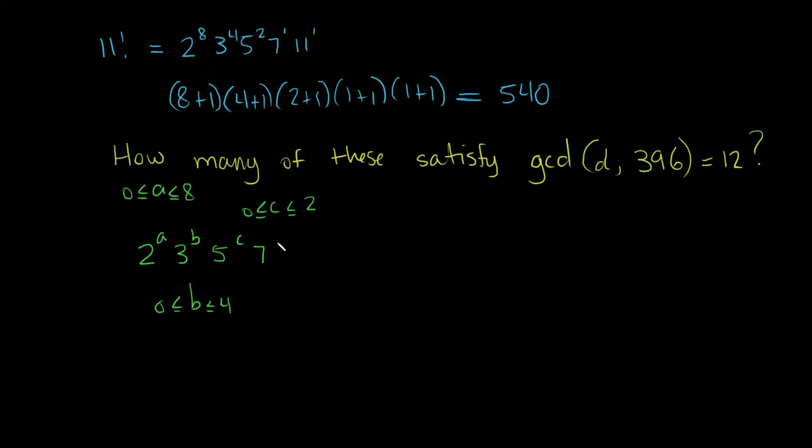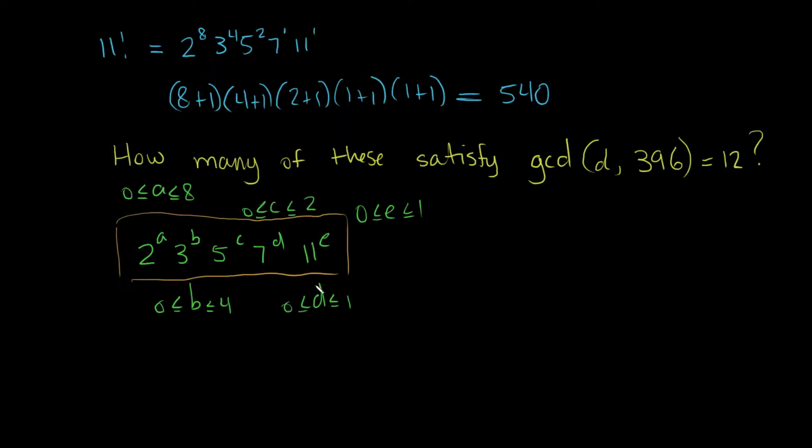And then take your power of 7, same deal except less than or equal to 1, and then take your power of 11, again greater than or equal to 0, less than or equal to 1. This here is a method for generating arbitrary factors of 11 factorial. All 540 of them can be generated from this.